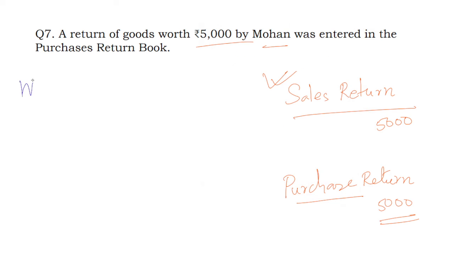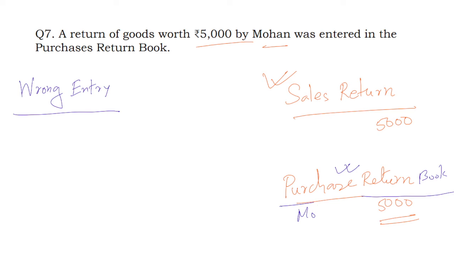First I'm showing the wrong entry. The wrong entry means it is recorded in the purchase return book, with Mohan. After posting, in the purchase return book 5,000 was recorded, and in Mohan's account it is recorded.